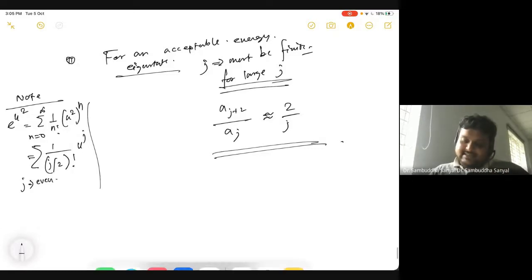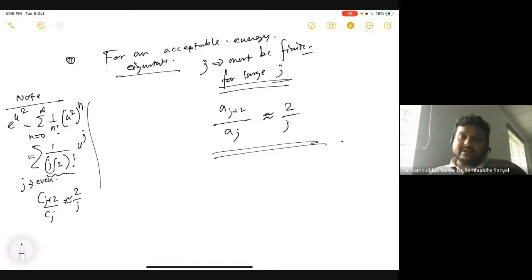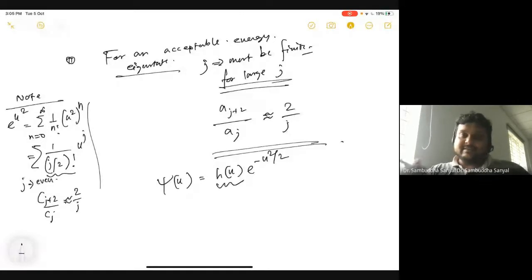So for this series, if I call this guy C, C_{j+2} over C_j is 2 by j. So asymptotically, I can say that psi(u) is some h(u) e to the power minus u square. So this h(u), asymptotically, if I take the full series, is basically like e to the power u square.